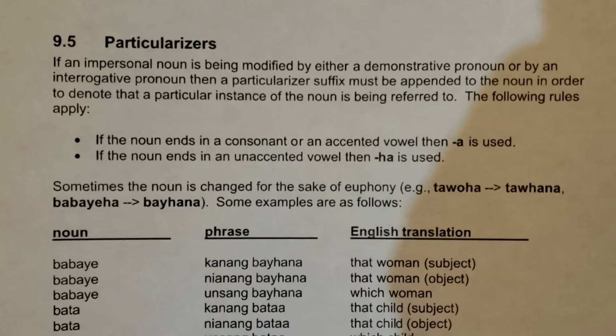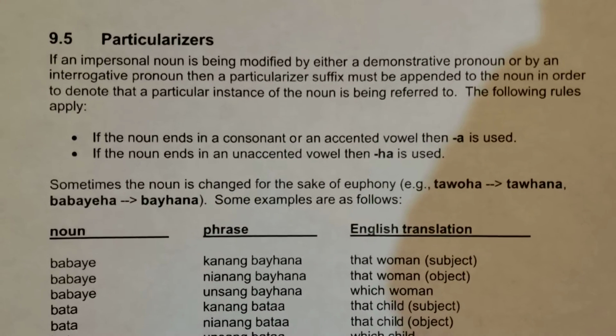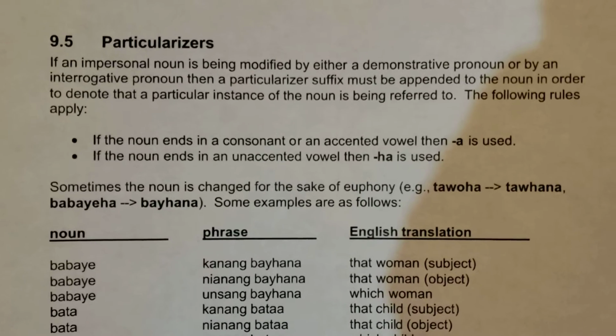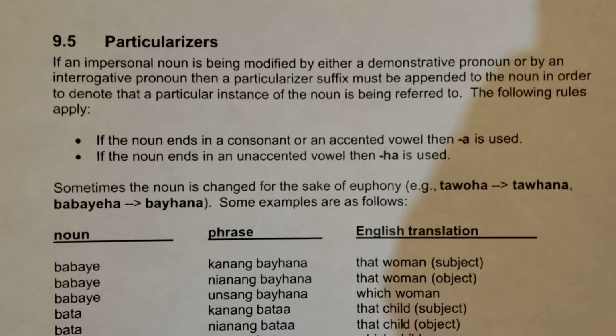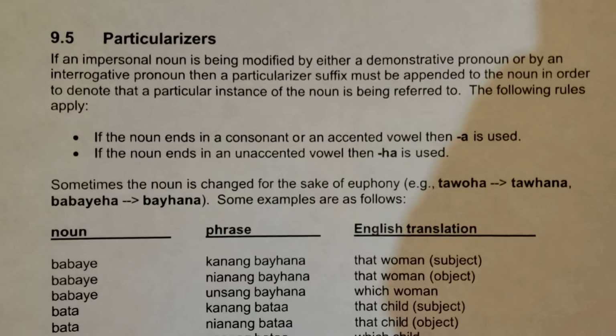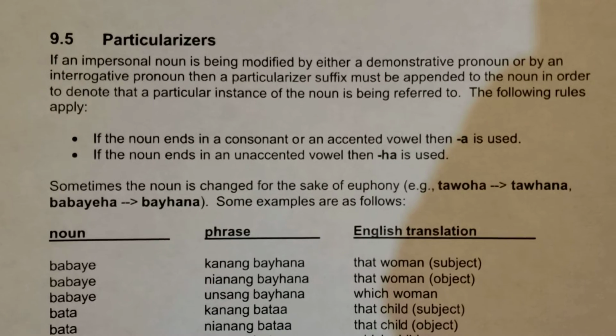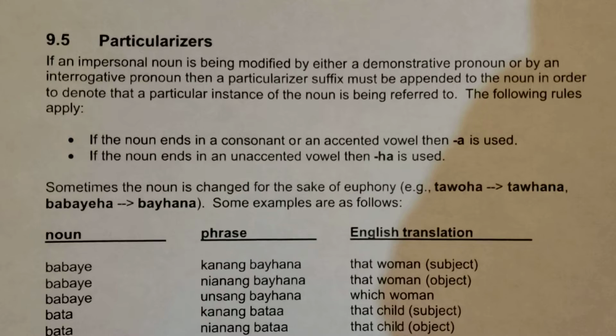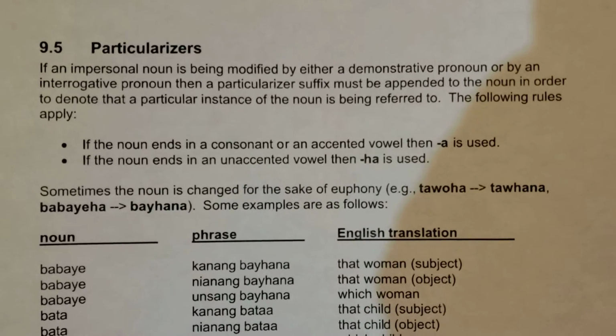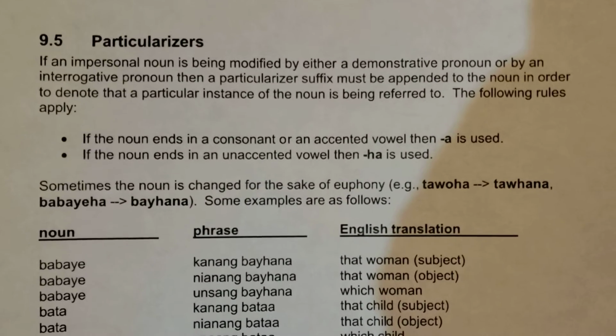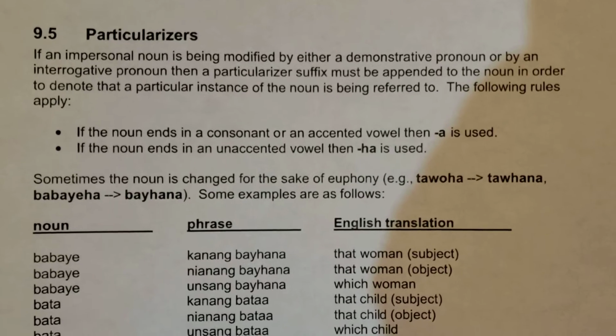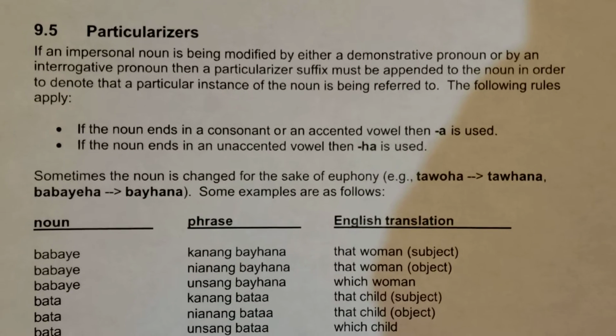Particularizers. If an impersonal noun is being modified by either a demonstrative pronoun or by an interrogative pronoun, then the particularizer suffix must be appended to the noun in order to denote that a particular instance of the noun is being referred to. The following rules apply.